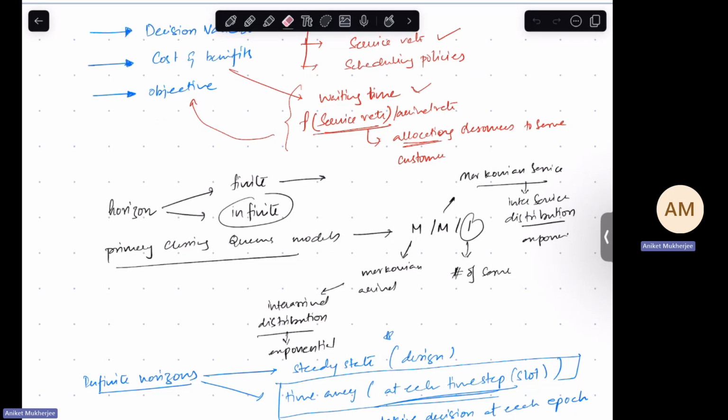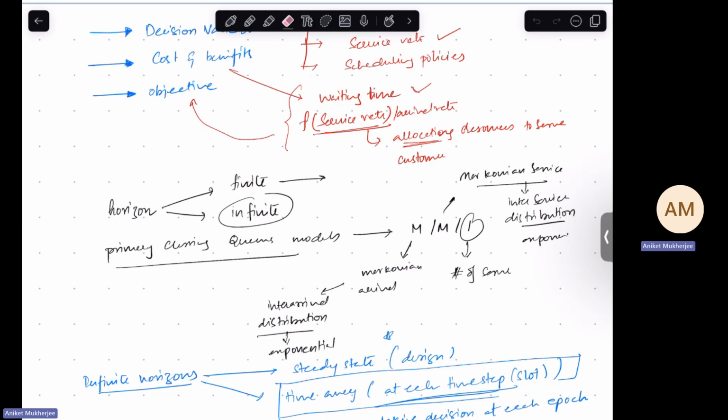And yesterday we fixed the queuing model to be M/M/1. The first M denotes the arrival process, the second M denotes the service process, and the third number denotes the number of servers that are used in the queue. M is a Markovian arrival.